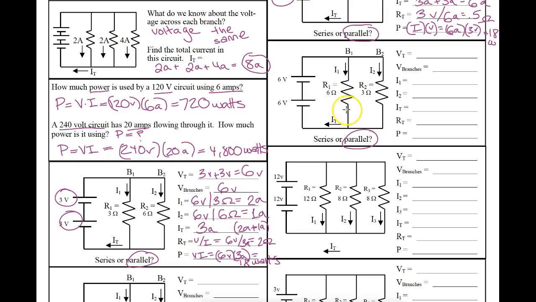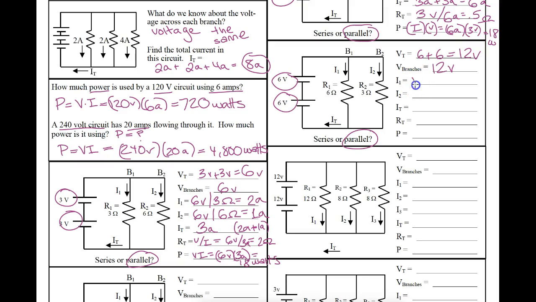And let's go up to this one right here. So our volt total, add up your batteries, and it's 6 plus 6 equals 12 volts. Our volt branches, each branch here is going to receive the same amount of voltage, so it's 12 volts. Our current for the first branch, we're going to again do it the same exact way where we have voltage divided by resistance.